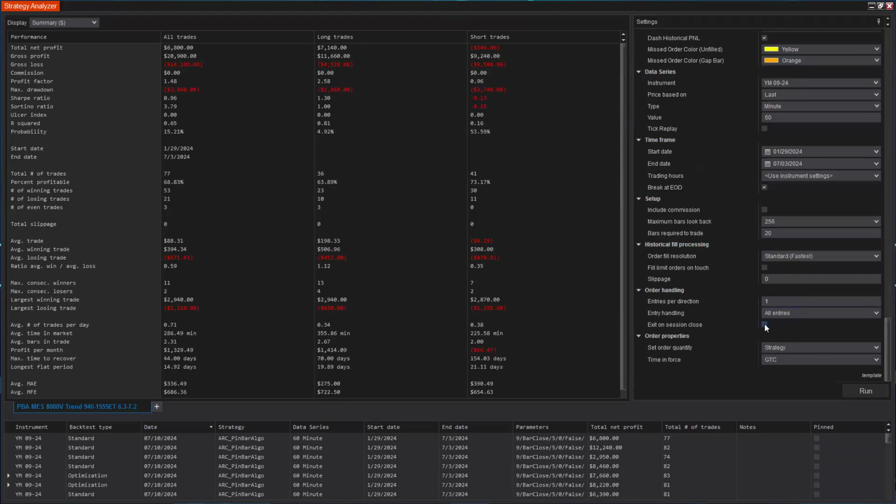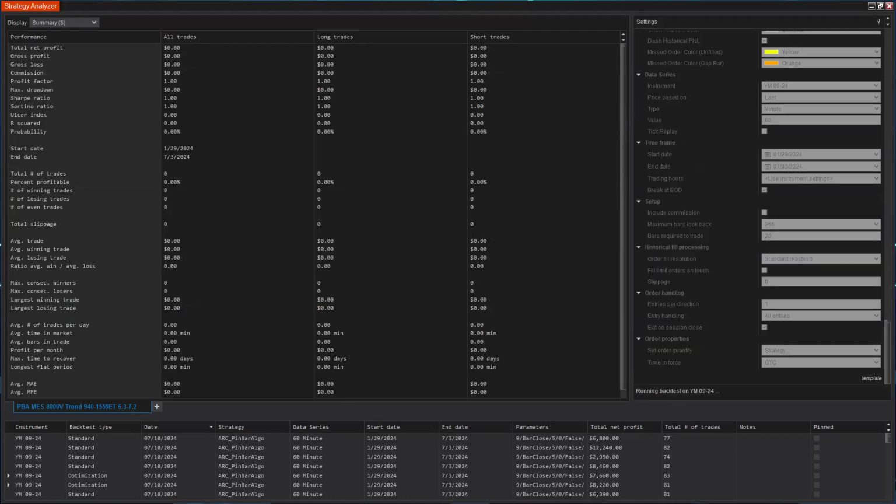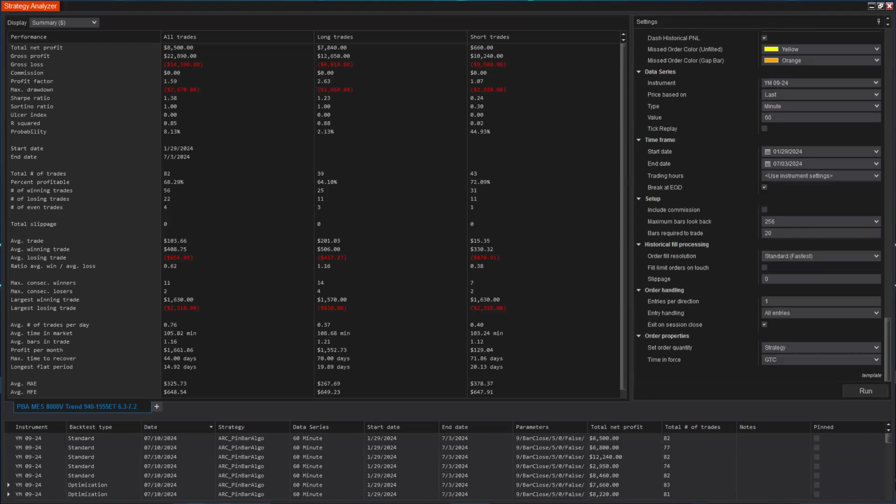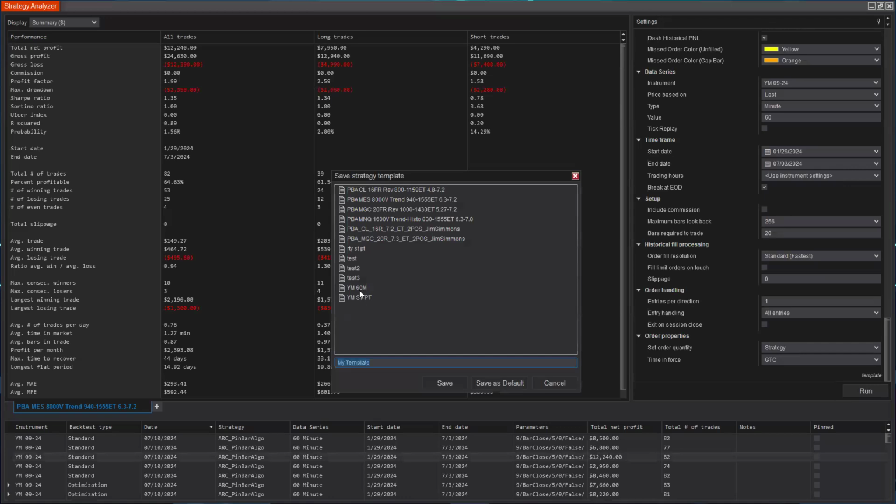Let's do exit on session close. $8,500 versus, yeah, I mean, exiting by noon is really the answer here, it looks like. So there we go. Save that.